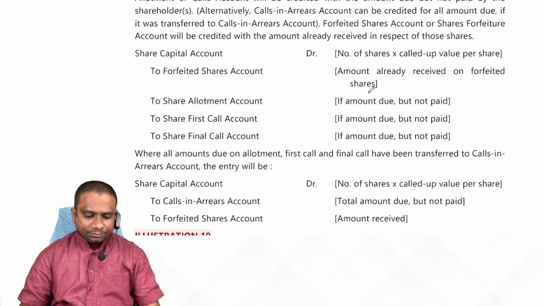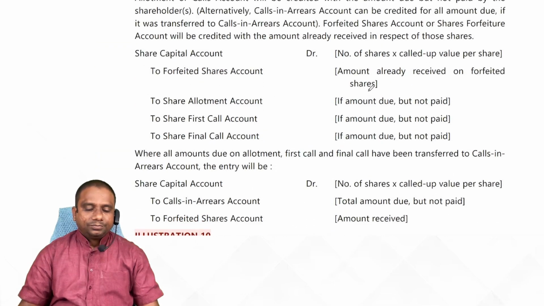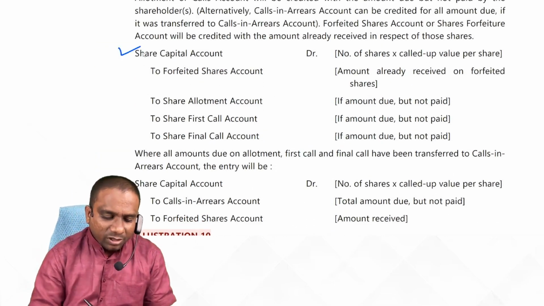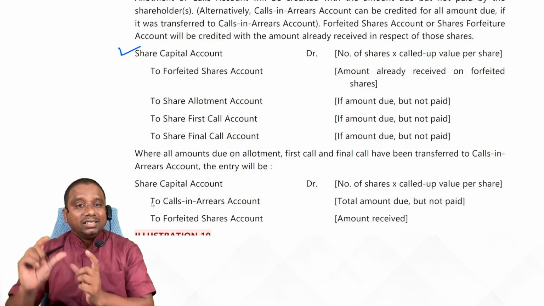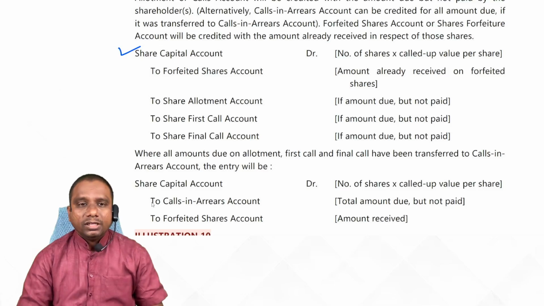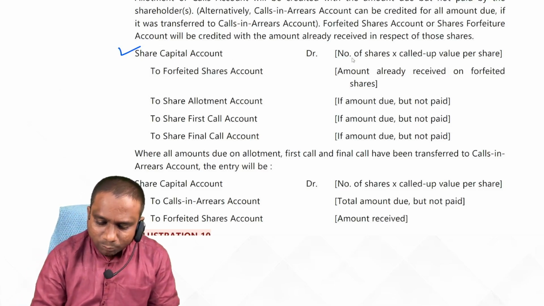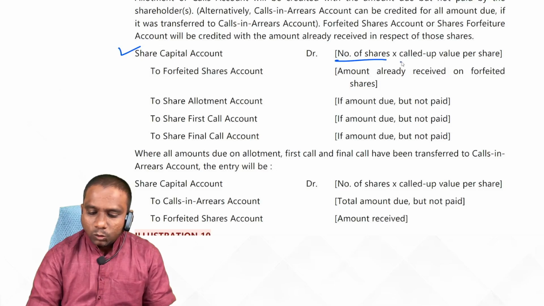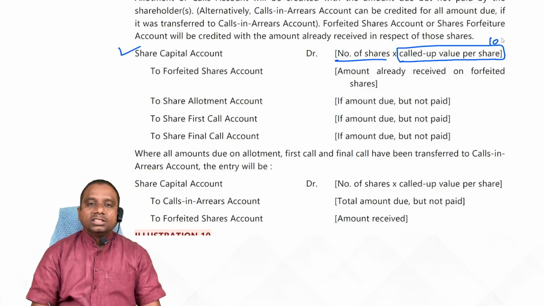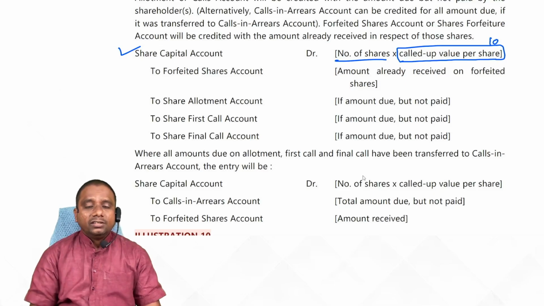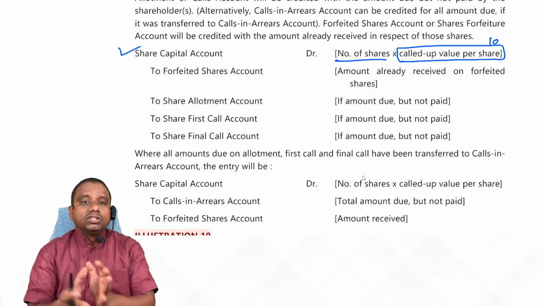Forfeiture. Yes. So, this is the entry we record. Share capital account. See, remembering the entry is easy, but writing the amounts is difficult. So, share capital account debit to your number of shares forfeited into called up value per share. Suppose if the shares are fully called up, then take the face value. Generally, face value is 10. Suppose if the shares are forfeited before the final call, then we have to take the amount called up till the first call.